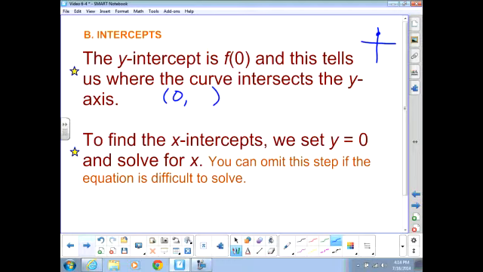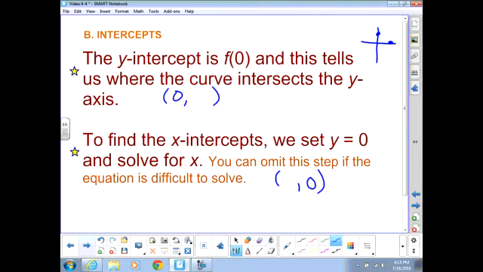To find the x-intercepts, every x-intercept has a y value of 0. So you'll put 0 in place of the y. So you'll have something comma 0 for those points. Now, if it's a polynomial of degree 4 or higher, it's okay if you don't find the x-intercepts there, because that might be something you can't do without your calculator.